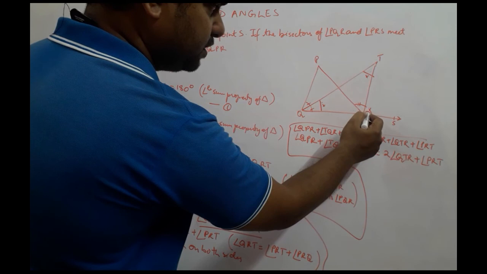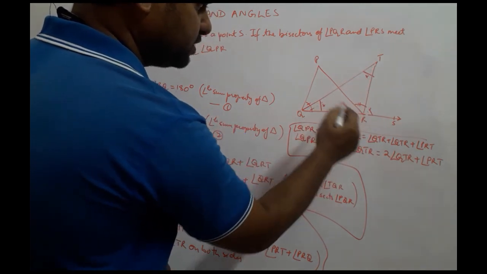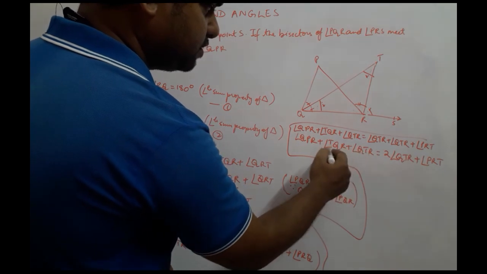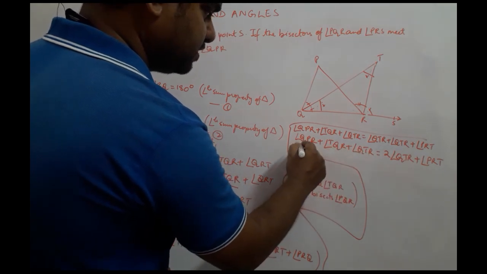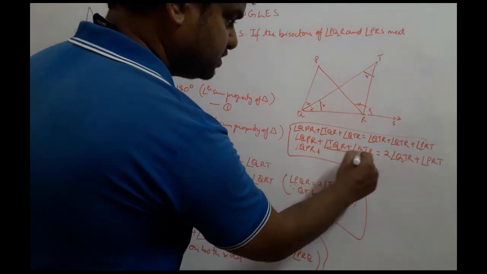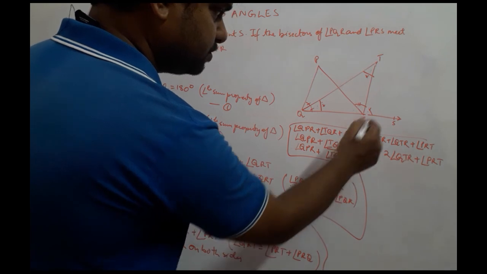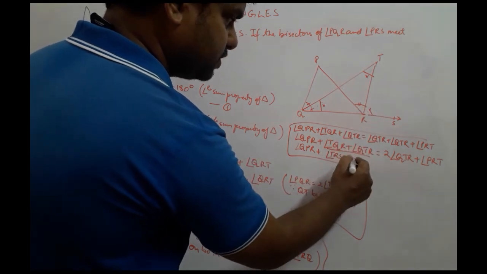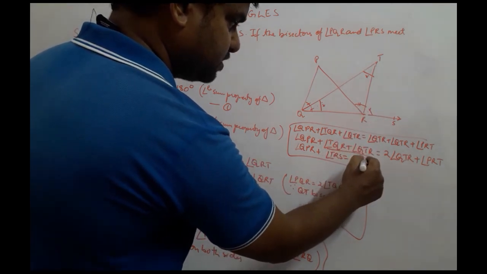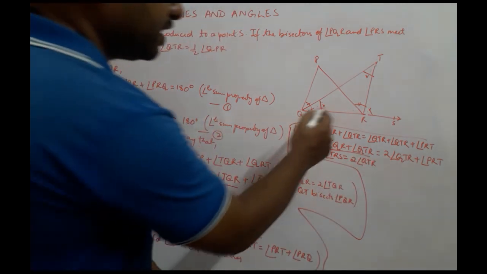This angle will be equal to the sum of these two angles, and they are over here. So we can write angle QPR, but instead of these two we write angle TRS, because they are equal to this external angle, equal to 2 times angle QTR.